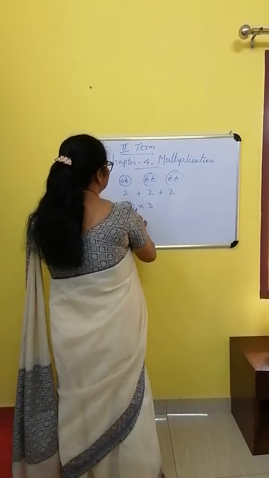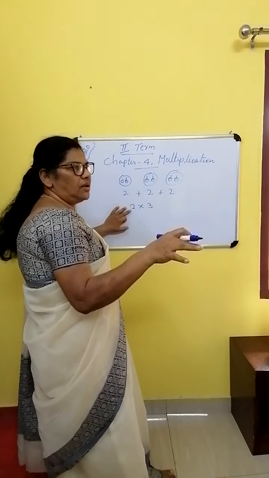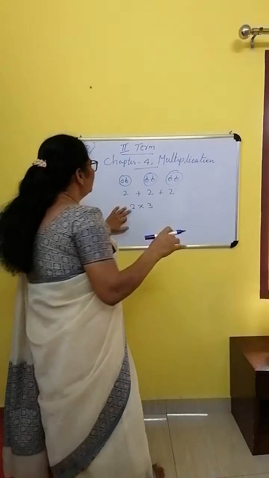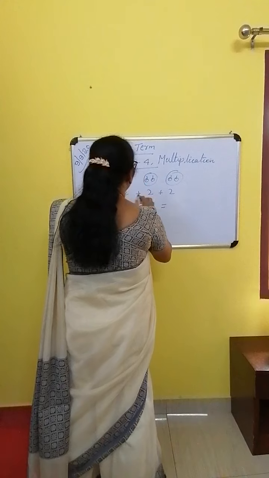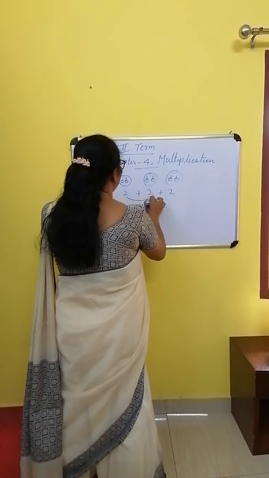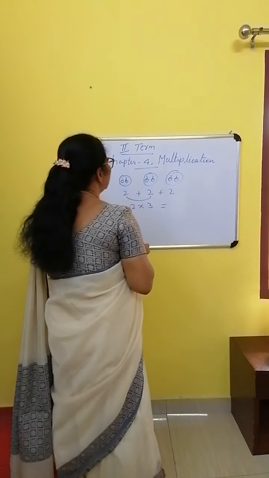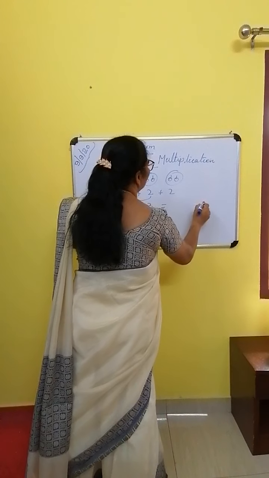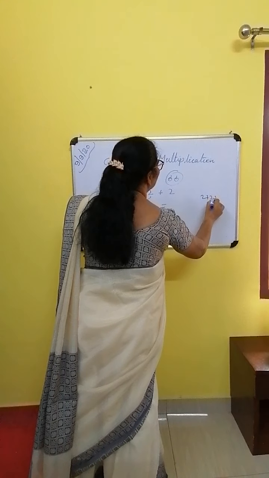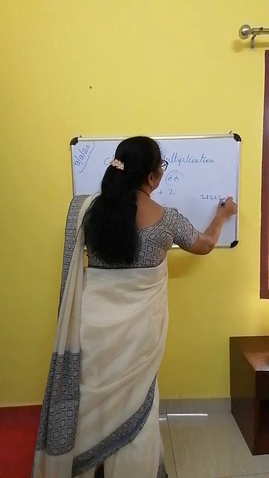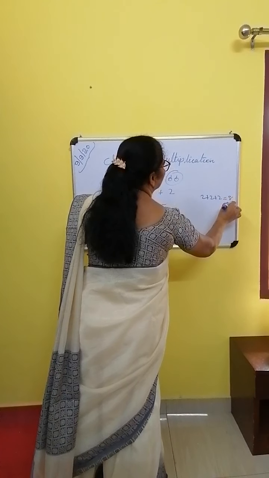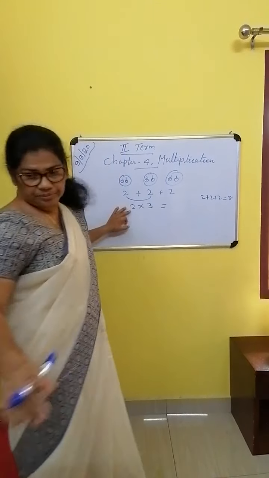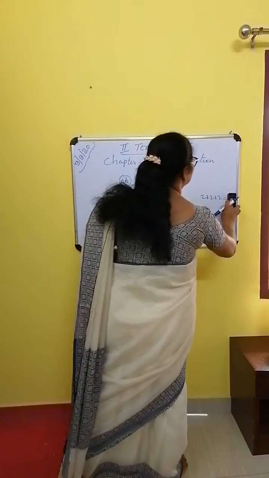Because 2 is repeated how many times? It says 2 is repeated 3 times. So when we add, 2 plus 2 is 4, 4 plus 2 equals 6. 3 2s are 6.